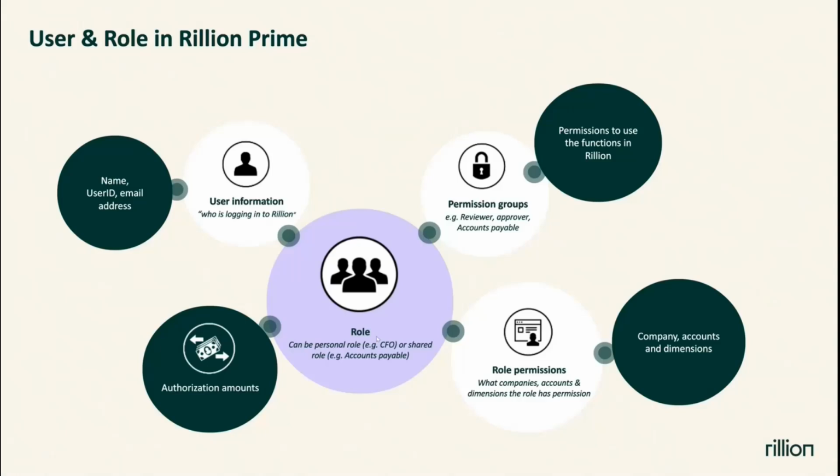And on the role, depending on if the role is working as a reviewer or as an approver in the system, you also need to have authorization amounts if you want to have set authorization amounts on the role level.